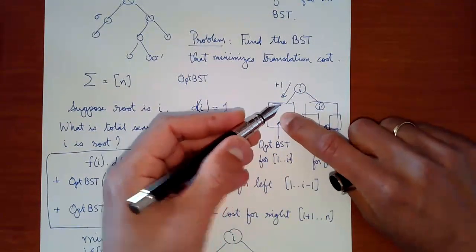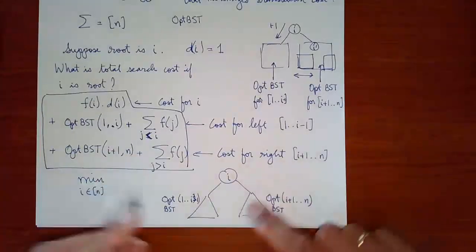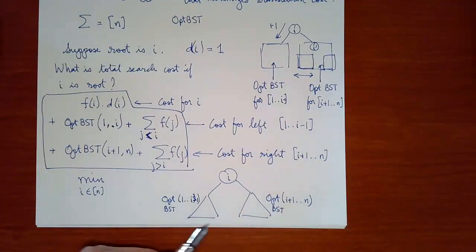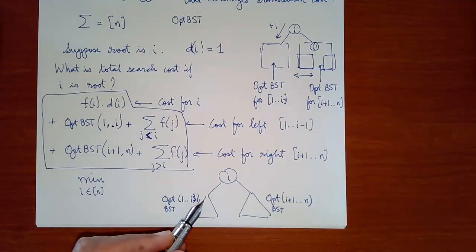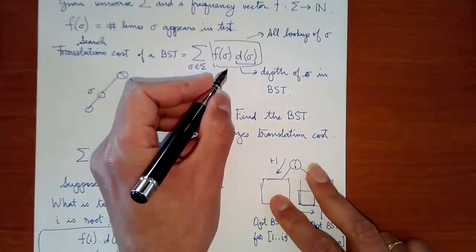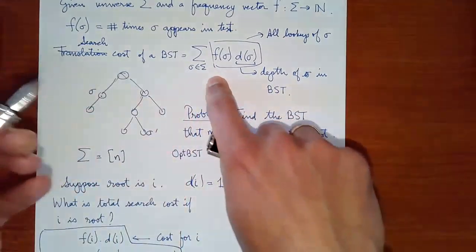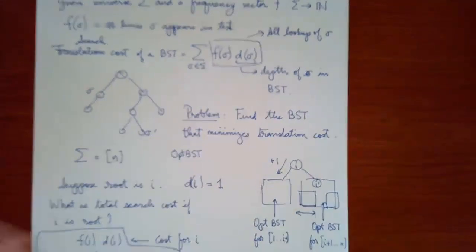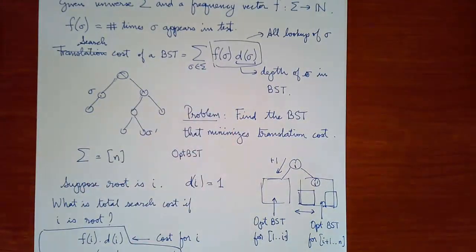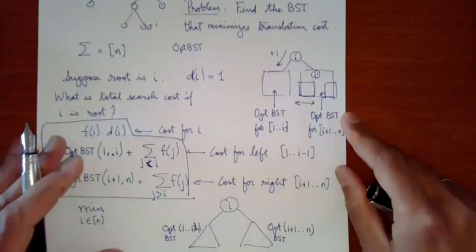For the left-hand side, I'm just going to use whatever recursion returns me. Recursion, suppose, gives me some optimal tree. And that optimal tree has some optimal cost. What is the optimal cost? It's exactly this. It's that summation. But this is only summed over everything going from 1 to I minus 1 in the left, and this is only summed from I plus 1 to n for everything in the right. Does that make sense? Yeah.